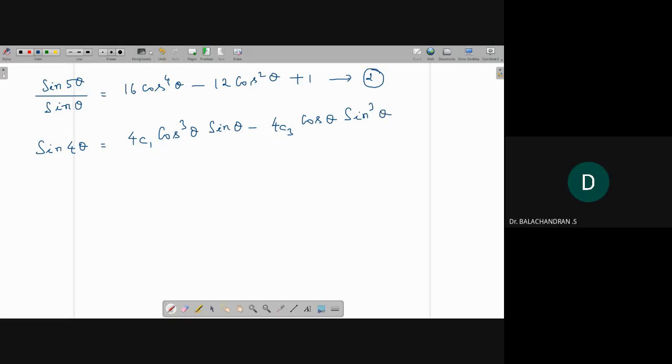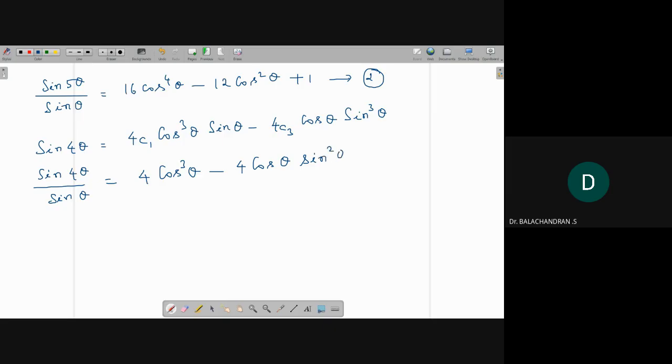Now divide by sin theta. You get 4C1 is 4 cos cube theta, minus 4C3 is also 4, cos theta into sin square theta.